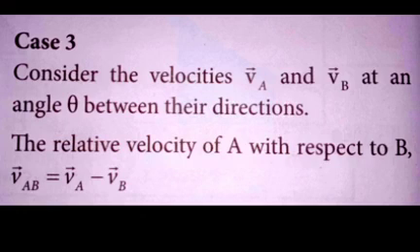A is moving in the X direction and B in the Y direction, making an angle theta. Now we are going to calculate the relative velocity of A with respect to B. Therefore VAB vector equals, by the formula, VA vector minus VB vector. Now we have to calculate the magnitude.